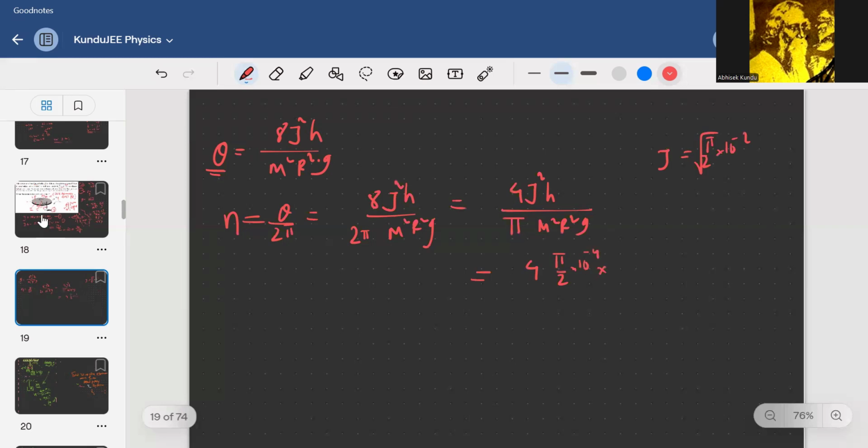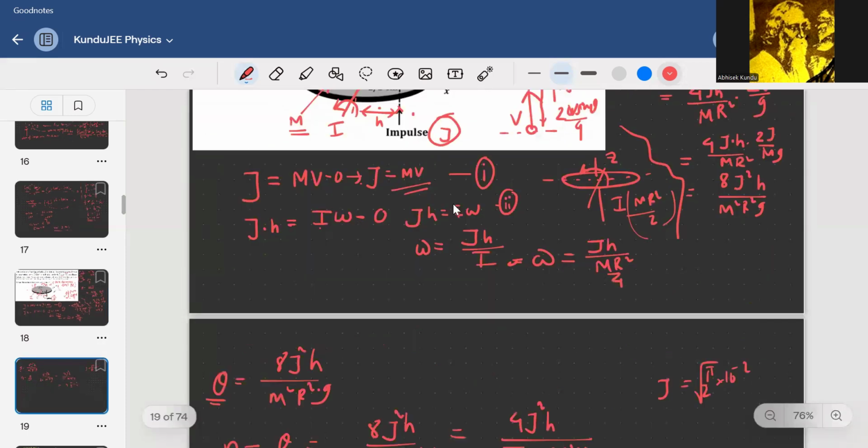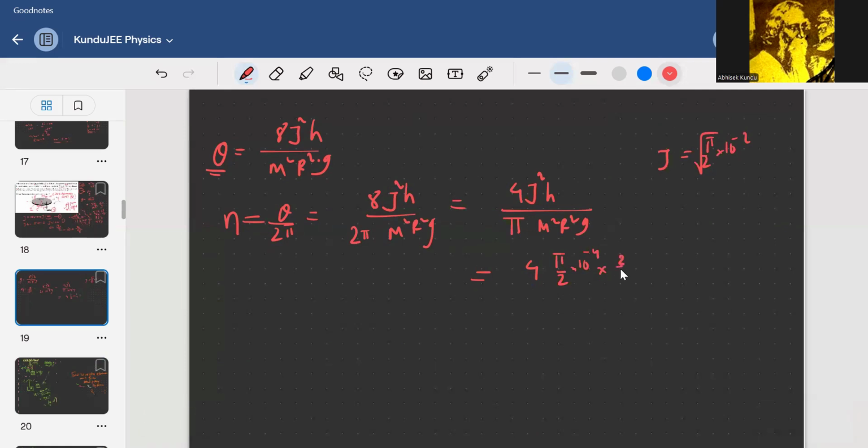H is the distance the impulse is applied, 2 by 3 centimeter, that is 2 by 3 into 10 to the power minus 2. Mass is given as 5 gram, that means 5 into 10 to the power minus 3, square. R is given as 4 by 3 centimeter, that is 10 to the power minus 2, square, into 10. Now it is only simple calculation.